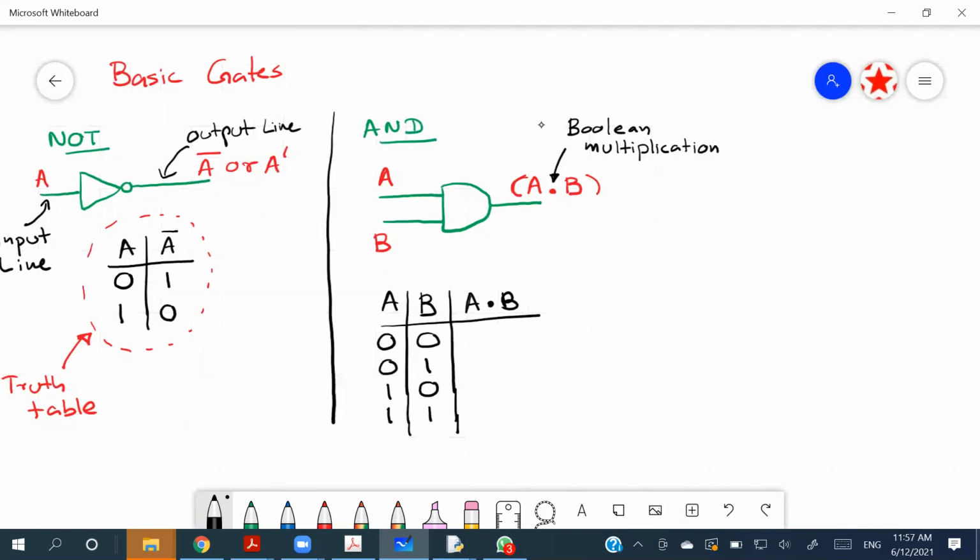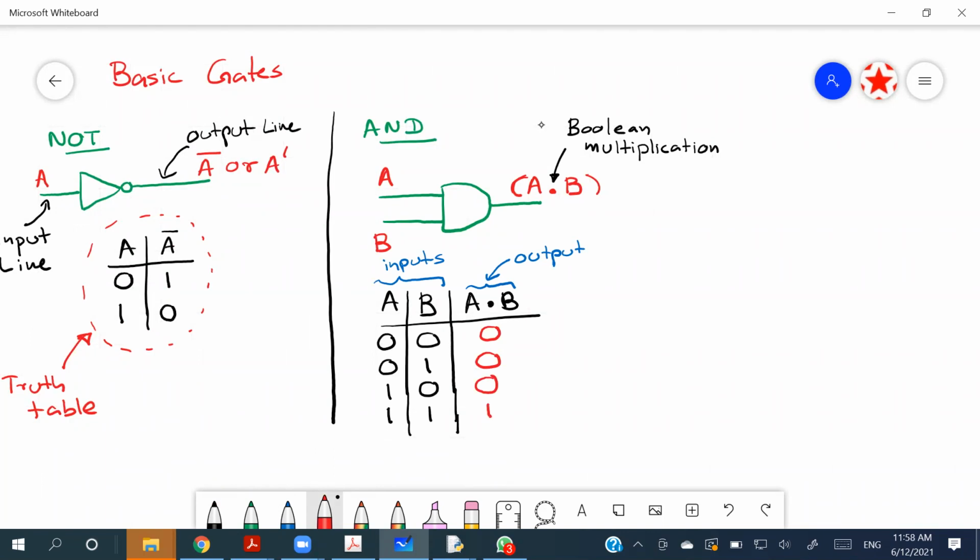And here, the output represents the multiplication. So these two are inputs, and this is the output. So what happened here? 0 into 0 gives you 0, 0 into 1 gives you 0, 1 into 0 gives you 0, and 1 into 1 gives you 1.